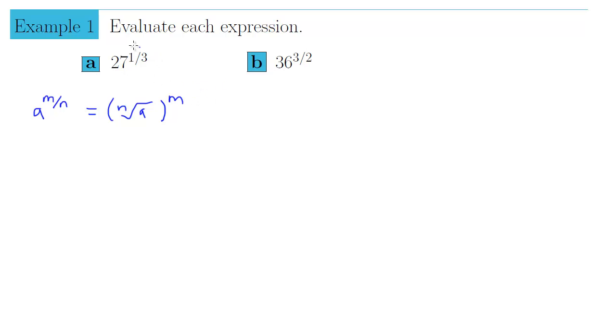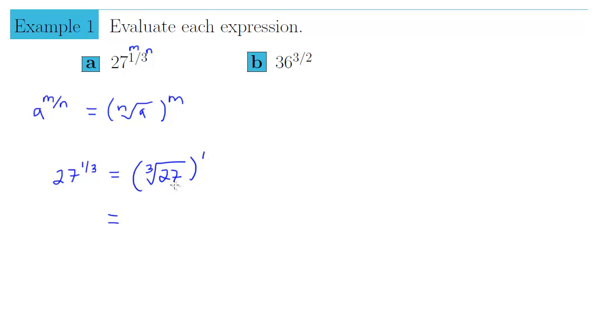So in this case, my m is 1, that's my numerator, and my denominator is 3, which is the n. So 27 to the 1/3 is equal to the 3rd root, or the cube root of 27, raised to the 1st power.